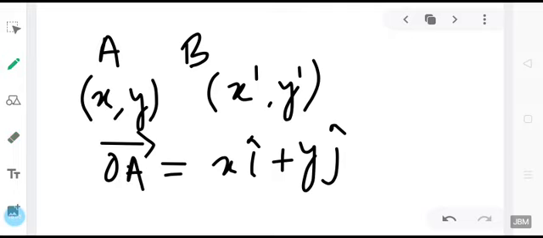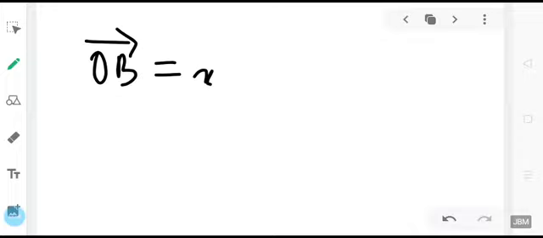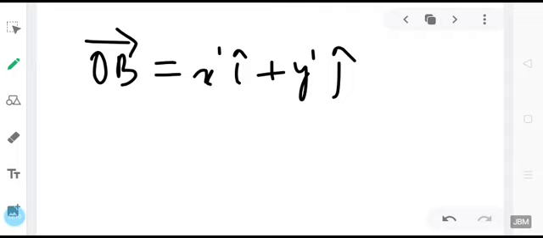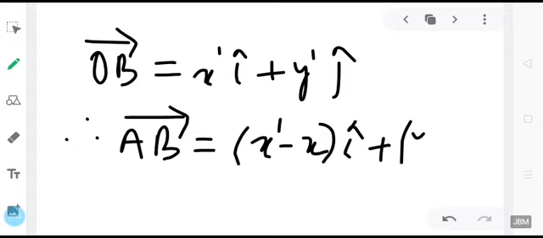So position vector OA is x i cap plus y j cap, and position vector OB is equal to x dash i cap plus y dash j cap. So the displacement vector AB is given by (x dash minus x) i cap plus (y dash minus y) j cap.